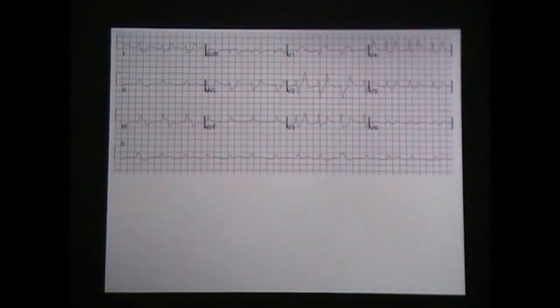So my snapshot would be a little slow, maybe. Wide complexes. And I don't know if I see, I'm missing some components. I've got to look deeper into this EKG. Okay, I agree with that.